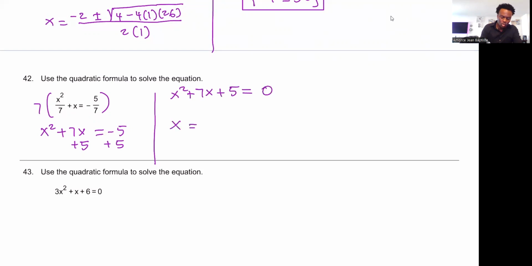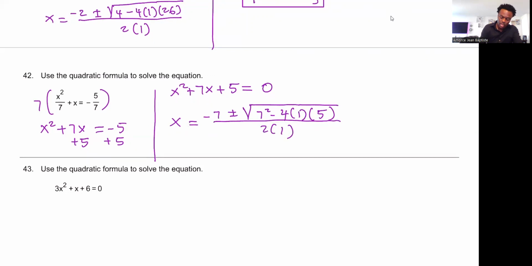Plug into your quadratic formula, minus 7 plus minus the square root of 7 squared minus 4ac, I mean 4, not 2, 4ac over 2 times 1.